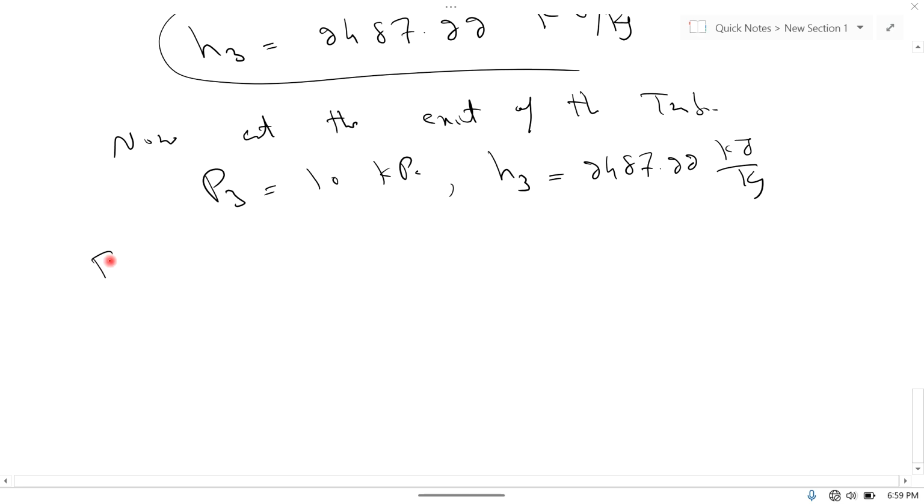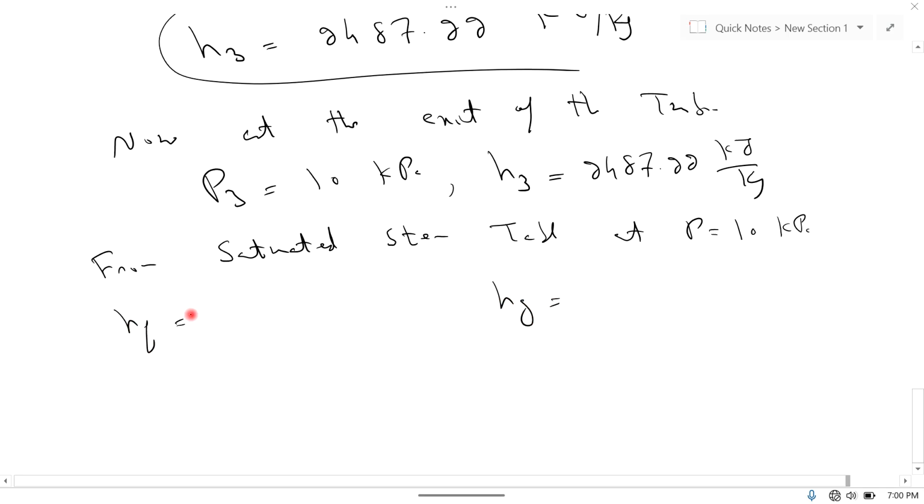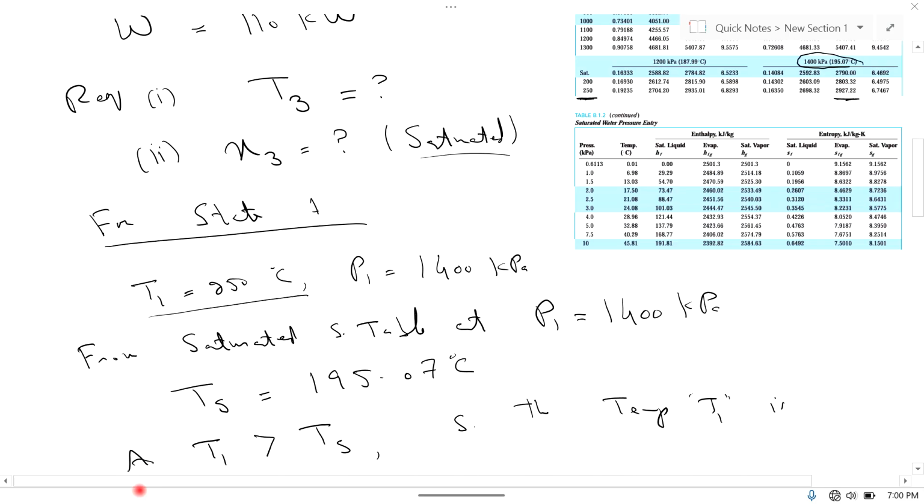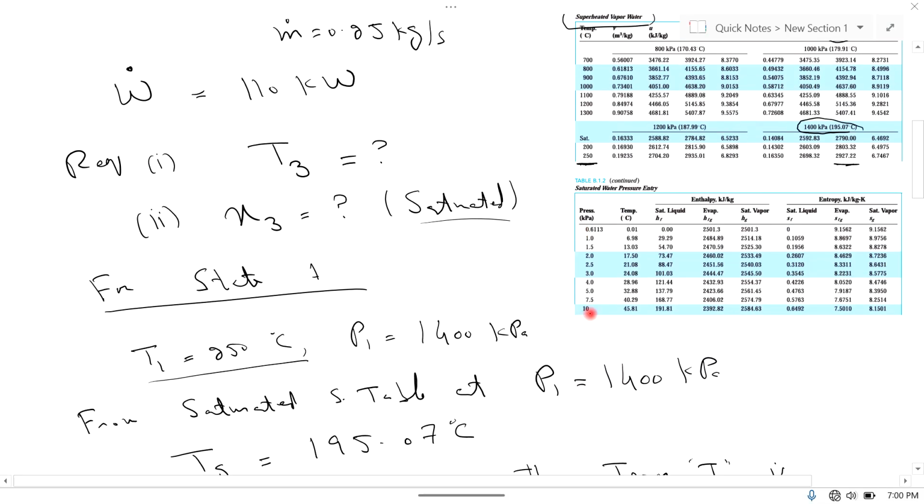So from the saturated steam table, at pressure equal to 10 kilopascal, find Hf and Hg, because H3 is known to us.